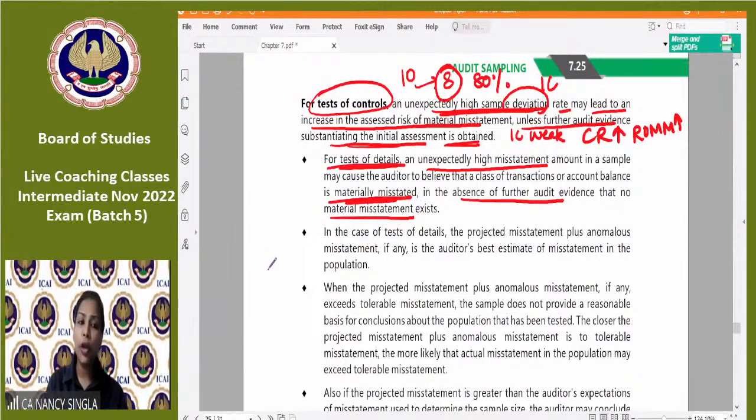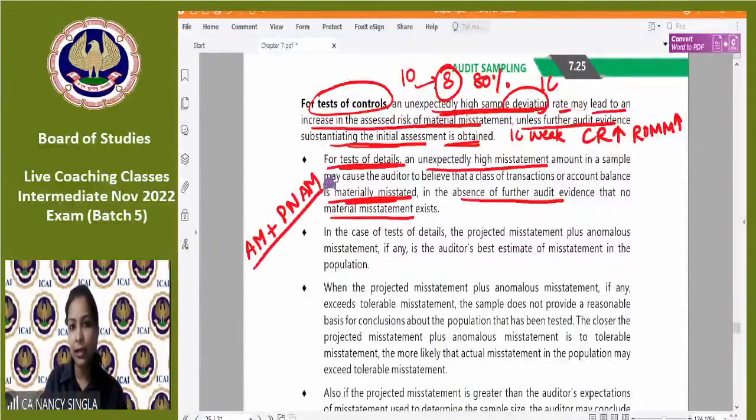Okay? So auditor, what he'll see? He will see anomalous misstatement, effect of anomalous misstatement, plus projected non-anomalous misstatement को consider करेगा. Clear?